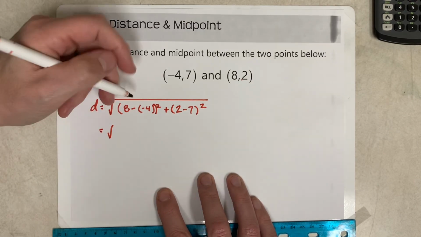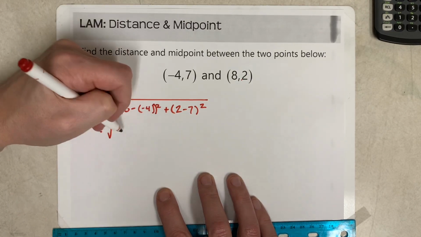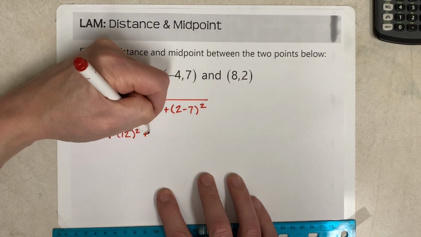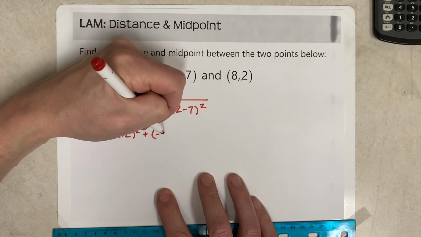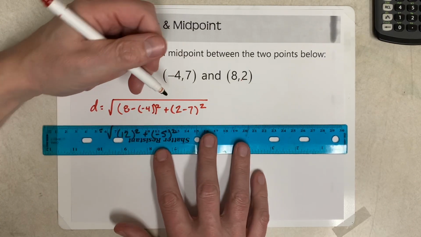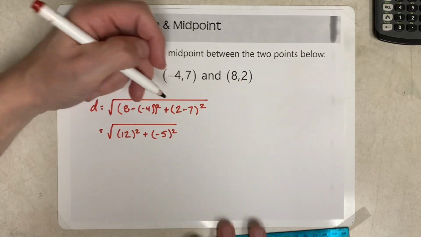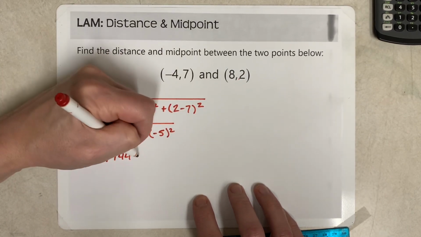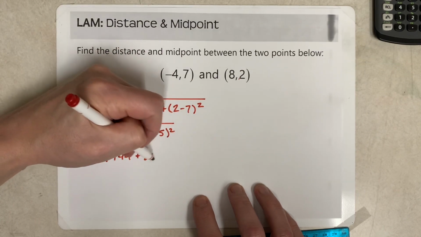8 minus -4 is really 8 plus 4, which is 12. 2 minus 7 is -5. 12 squared is 144. -5 squared is 25.